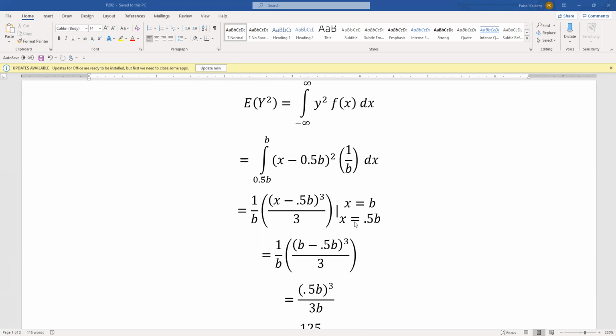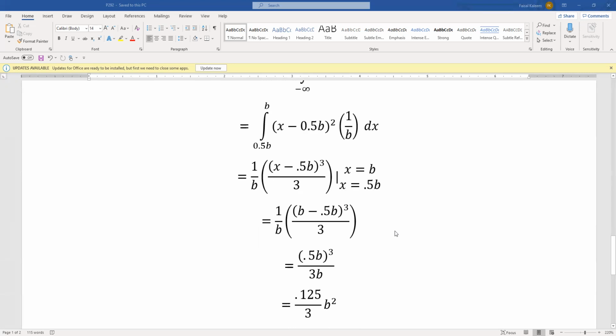From 0.5b to b, the advantage of doing it this way is that only x equals b is going to count, because that gives you a non-zero thing, (b minus 0.5b) whole cubed by 3. But when you put x equals 0.5b, that just becomes 0. And it's a lot less work than the method that we commonly use.